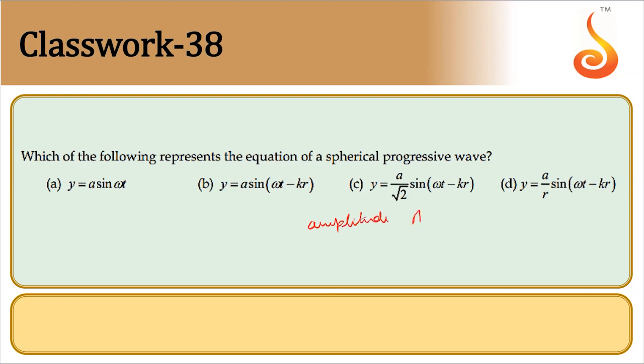It should be inversely proportional to distance r. So here the amplitude of this is a constant, this is also constant, this is a by root 2, this is constant, this is a by r. So this must be the spherical progressive wave.